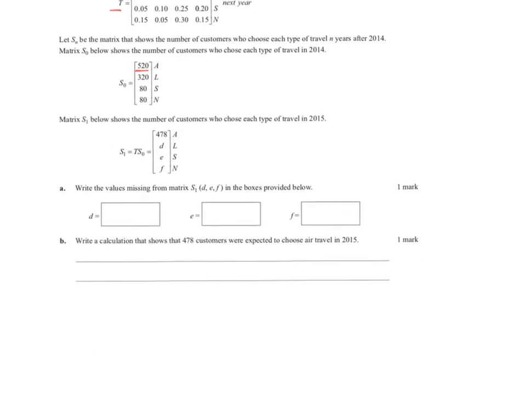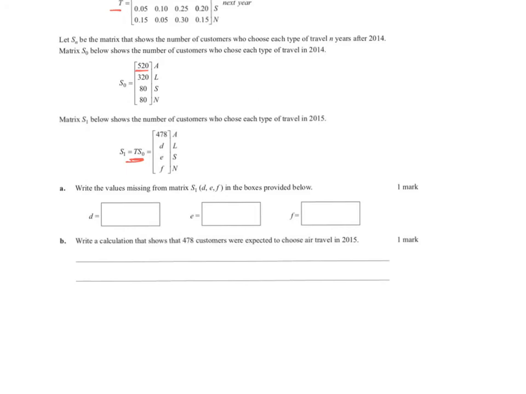Matrix S1 below shows the number of customers who chose each type of travel in 2015. To get S1, we take our transition matrix times our initial state.